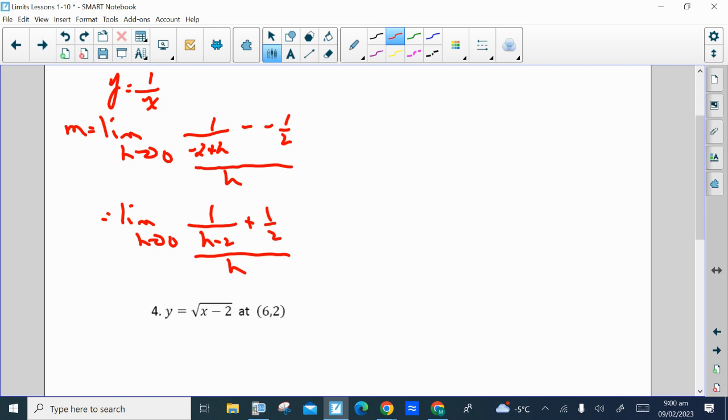And like we did before, we want to get rid of the denominators in the numerator by multiplying everything by the common denominator, which would be 2 bracket h minus 2. And so the h minus 2 will cancel in the first term on top. The 2's cancel in the second term on top. We've now gotten rid of the denominators in the numerator.